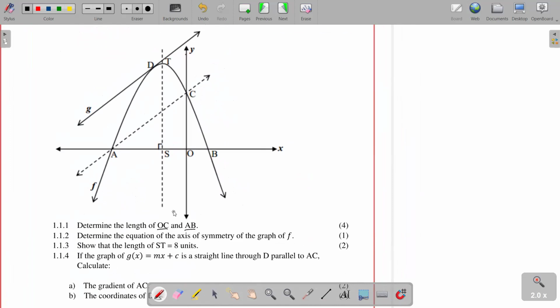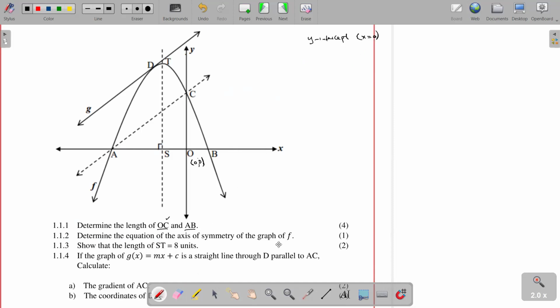Meaning we need, so our O here, we know the coordinates are (0, 0). So we need the coordinates of C. C is the y-intercept. How do we get the coordinates at the y-intercept? For the y-intercept, we know x is equal to 0.